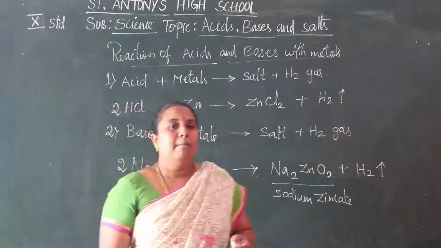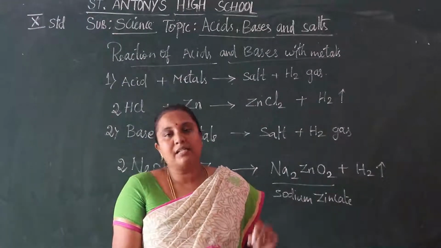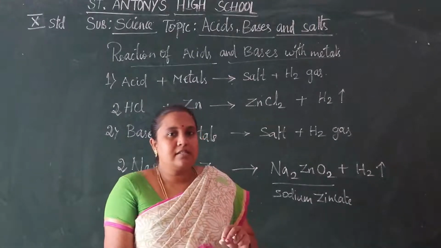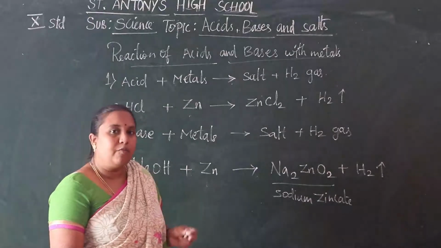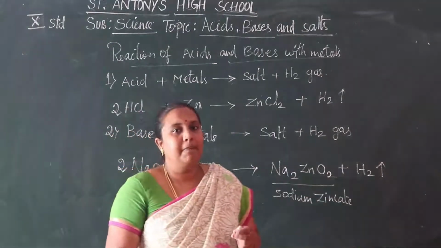All the acids react with metals and give salt plus hydrogen gas evolved, but most of the bases don't react with metals. Why? Because the base also has a metal.